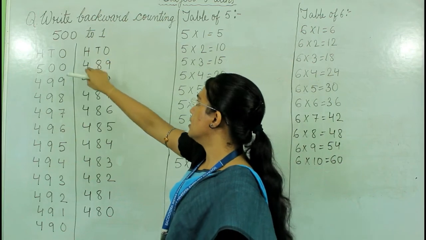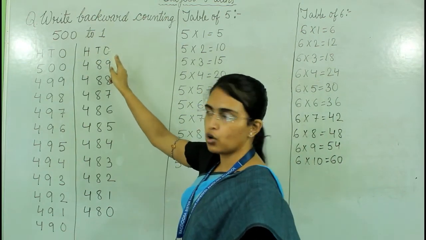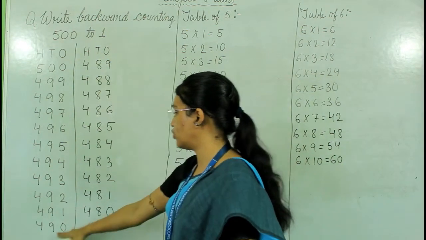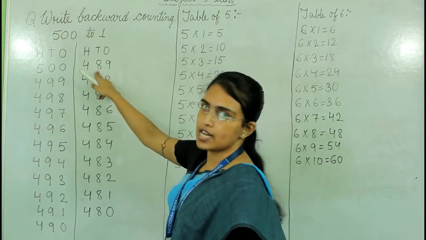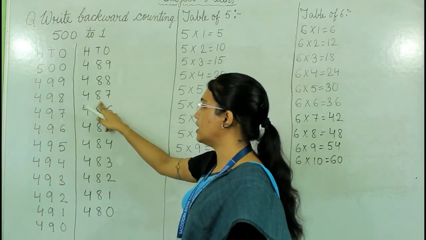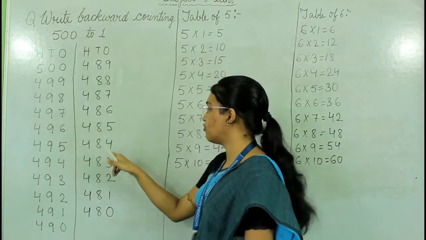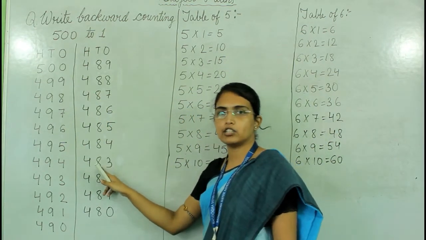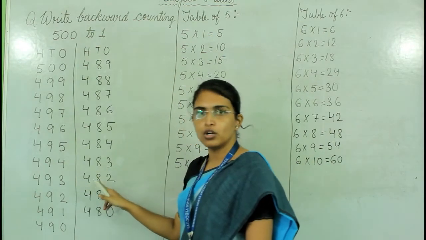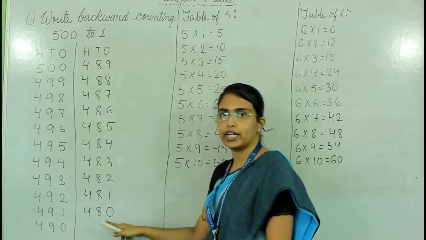Then in the next line, again mention H2O. After 490: 489, 488, 487, 486, 485, 484, 483, 482, 481, 480.